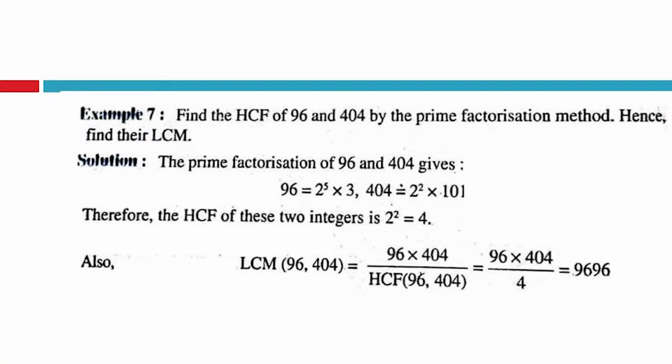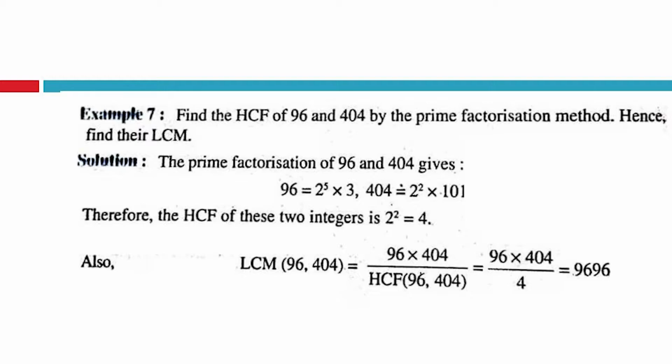Next example. Find the HCF of 96 and 404 by the prime factorization method, hence find their LCM. The prime factorization of 96 and 404 gives 96 equals 2 raised to 5 into 3, 404 equals 2 raised to 2 into 101.